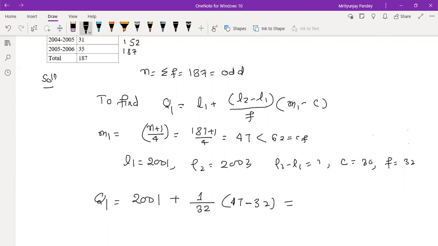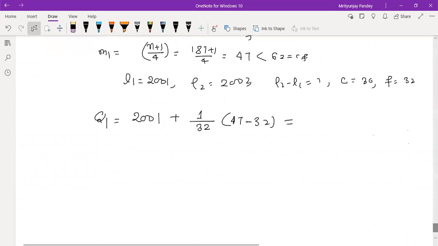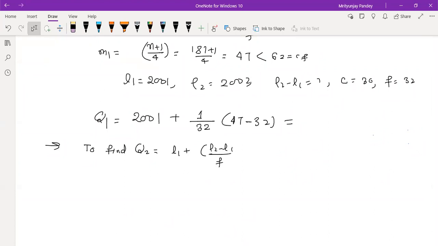After that, you have to calculate Q2. So first of all, I will write the formula of Q2 and then proceed. So to find Q2, what is the formula of Q2? L1 plus L2 minus L1 divided by F into M2 minus C, where M2 is 2 times of n plus 1 by 4.